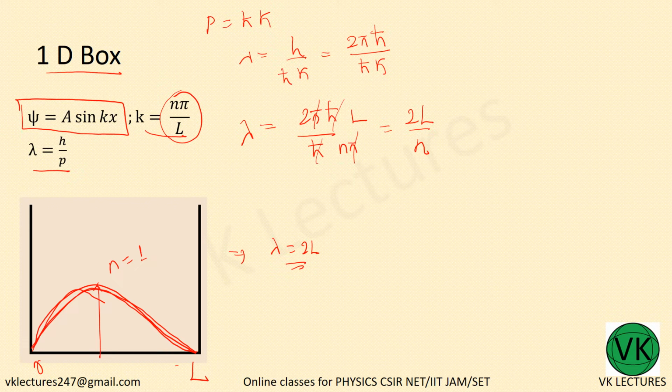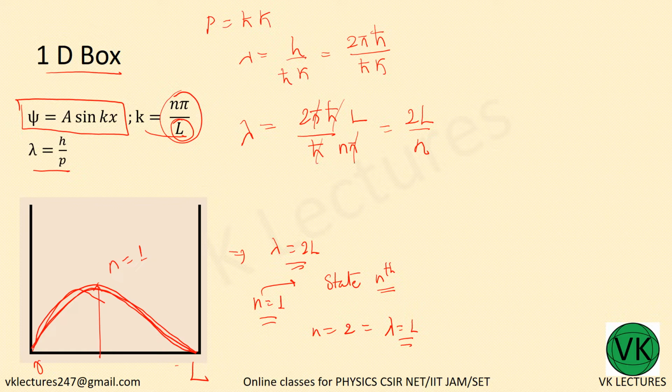Now same here for n equal to 1. Here, what is the meaning of n? n is the state, the nth state, higher energy, the nth state wave function, where L is the length of the 1D box. So if n equal to 2, lambda is equal to L.